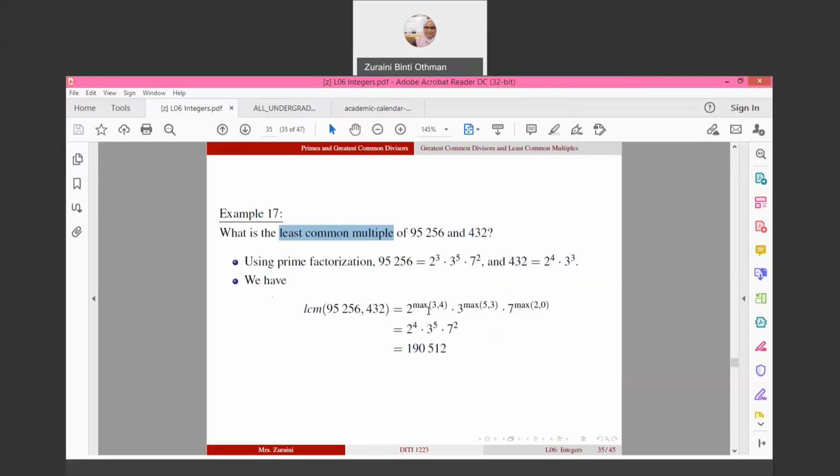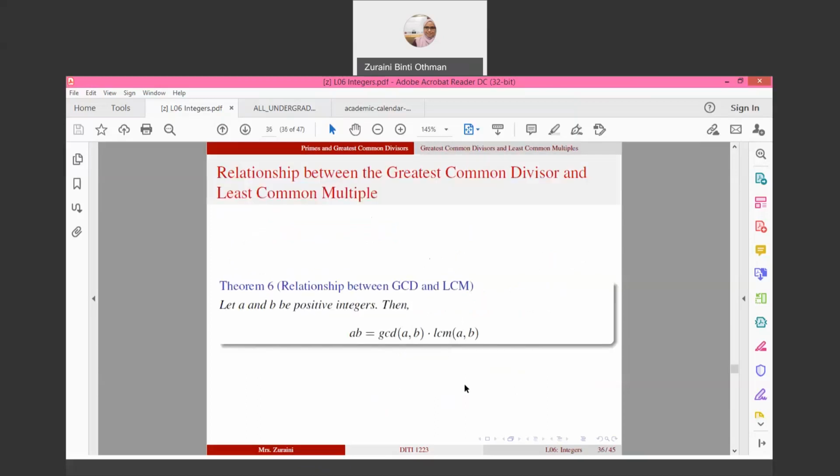So we have to pick the maximum value: 2 kuasa 4 kali dengan 3 kuasa 3 dan kali dengan 7 kuasa 2. So that we get the LCM for these two numbers is 190,512.